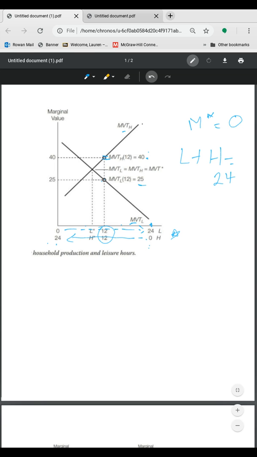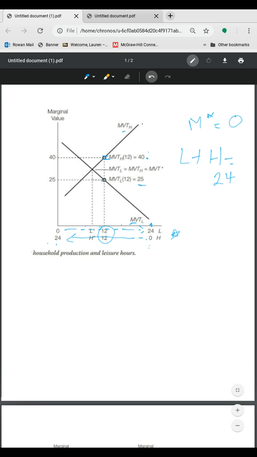So that says this additional hours of household work are giving you more marginal utility, the change in your total utility. So you're happier with an extra hour of housework versus an extra hour of leisure. Maybe your house is really dirty, you need to get it clean. Maybe you need to spend more time with your children, anything like that.